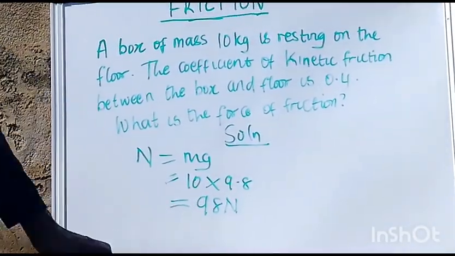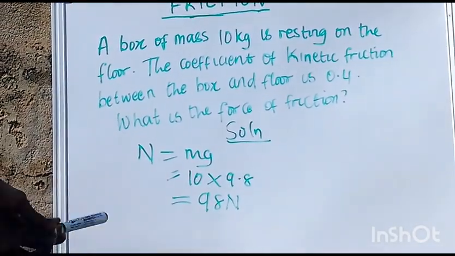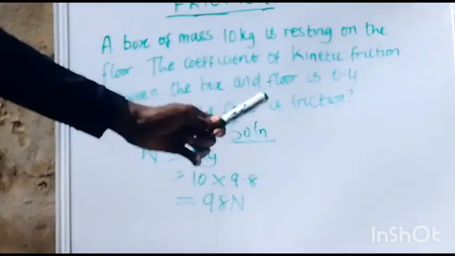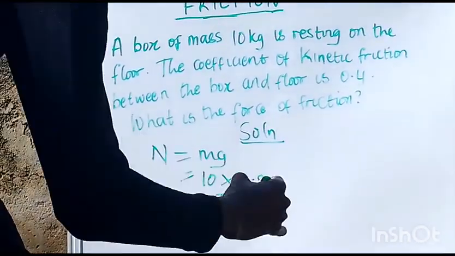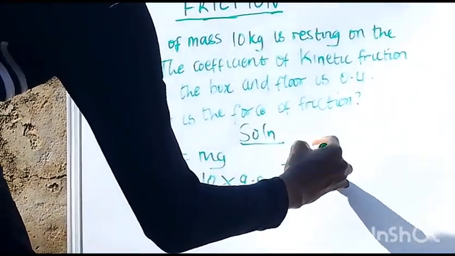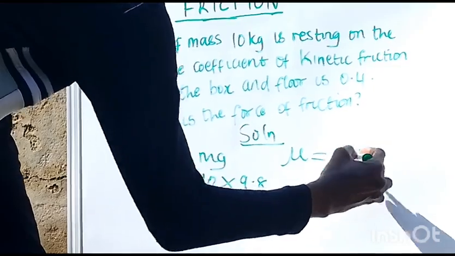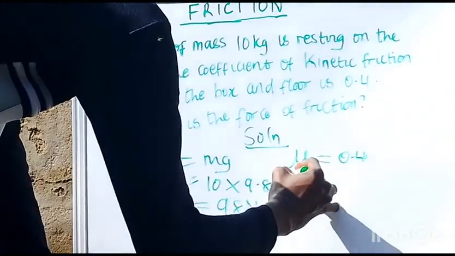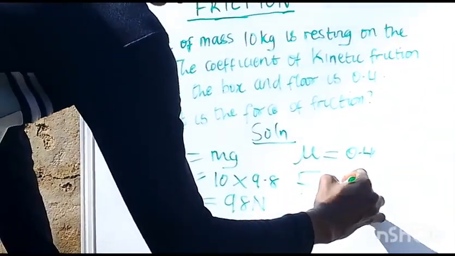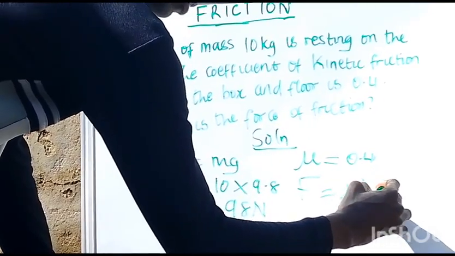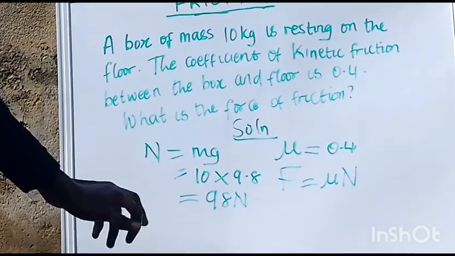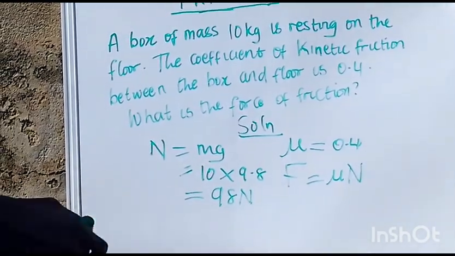Now we have found the normal force. The next thing to find is the force of friction. We've been given that the coefficient of friction, mu, is 0.4. So to find the frictional force, we just multiply the coefficient of friction by the normal force.